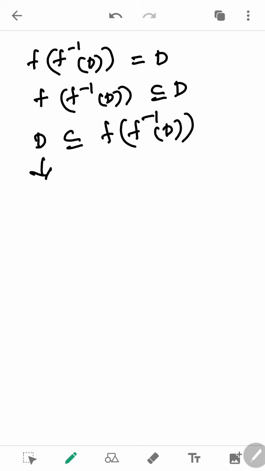D is a subset of B, therefore let Y belong to D. Given that F is surjective.